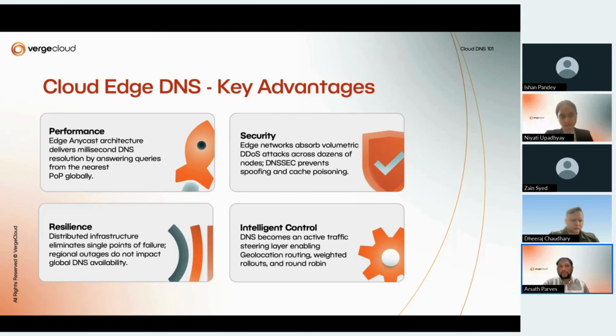And finally, through Edge Cloud DNS architecture, an organization can intelligently manage their traffic. They can use the DNS layer as an active traffic steering mechanism instead of using it as a passive layer. So these are the key advantages any organization will have when they start using Edge Cloud DNS services.